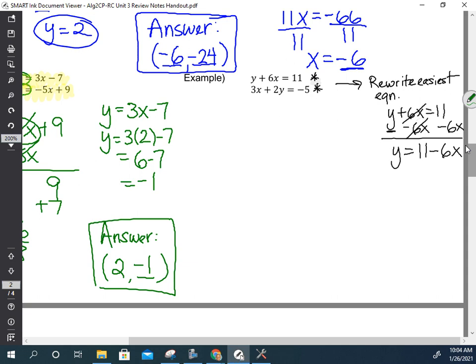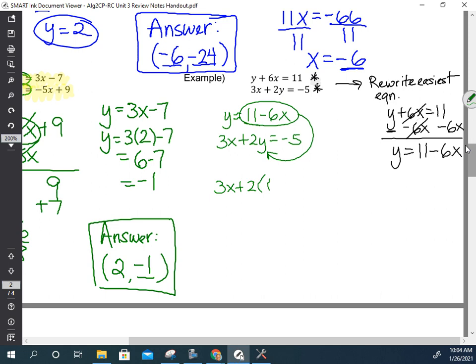So let's make it work. Now we have y equals 11 minus 6x and 3x plus 2y equals negative 5. Take 11 minus 6x and plug it in for y. Now we can do a job.